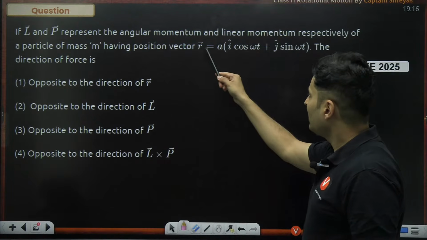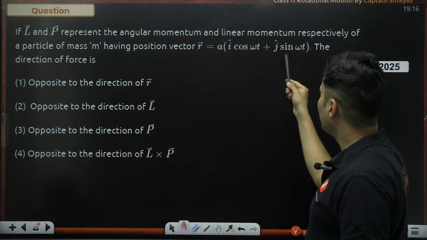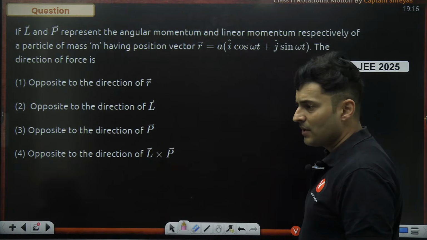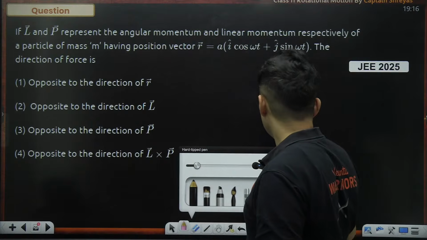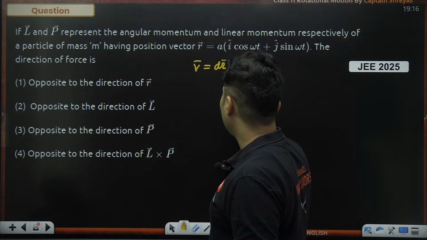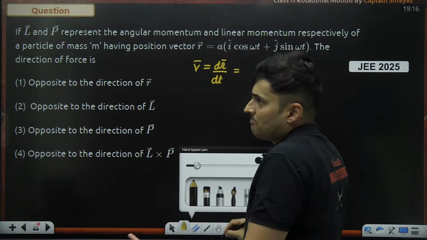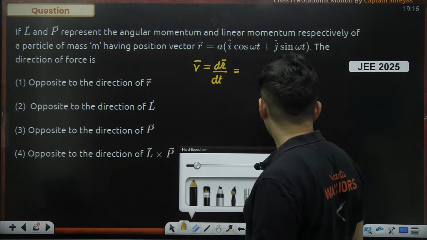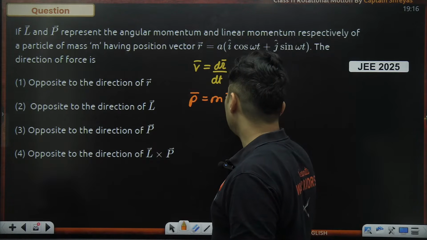Now, this is basically A cos omega t i cap, A sin omega t j cap. I'll tell you what, if you do it by the traditional method where from r you find velocity by doing dr by dt, then from velocity, let's say you find momentum because momentum is m into velocity.